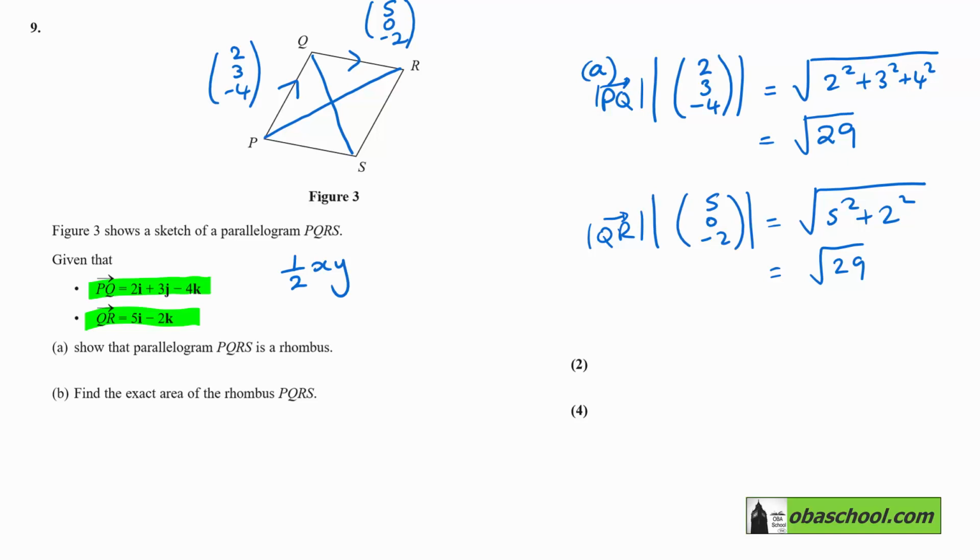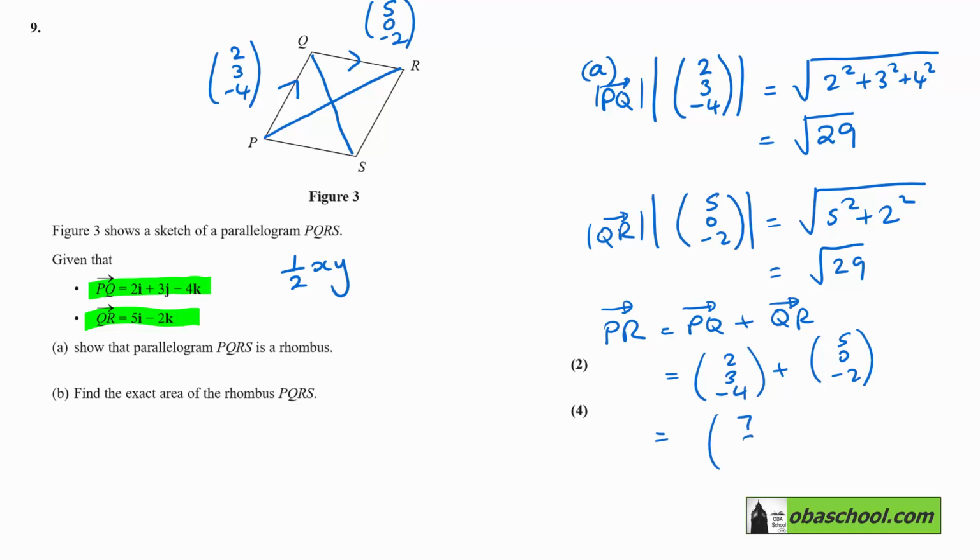So if we think about PR, to go from P to R, we're going to do PQ plus QR. And that is going to be (2, 3, -4) plus (5, 0, -2), which is (7, 3, -6).